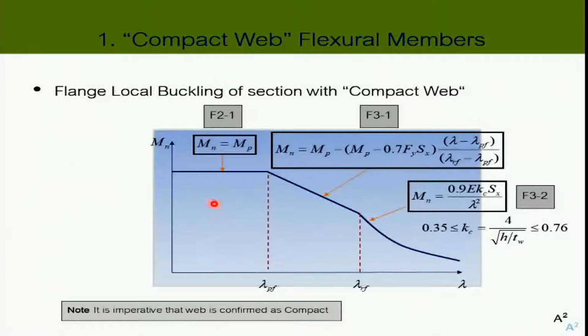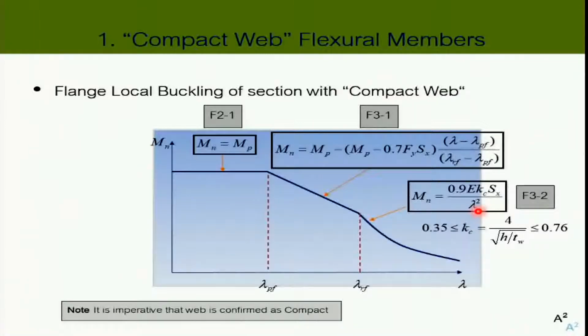Okay? If your flange is compact, your nominal moment will be equal to MP. If your flange is so slender, your nominal moment will be equal to this: 0.9 multiplied by the Young's modulus and Kc and elastic section modulus divided by lambda squared.